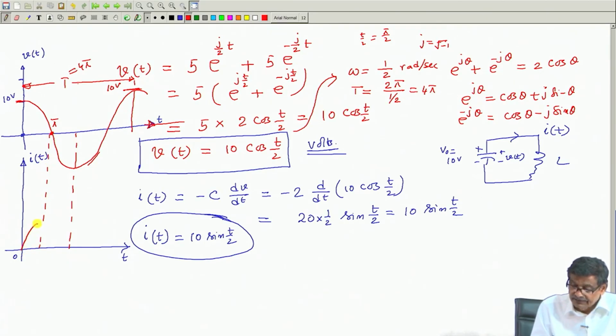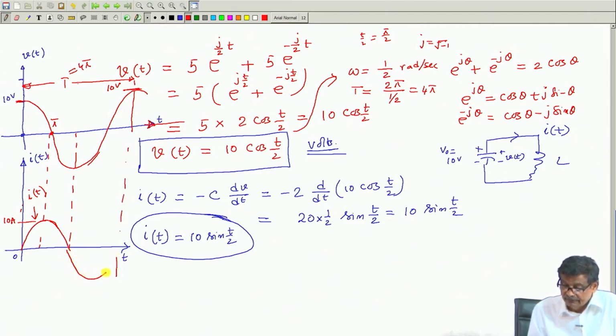If you sketch it, this is It. What is this It? 10 sine t by 2. So, this one is 10 ampere, this one is 10 volt. It will be varying sinusoidally, and it will go on doing like this.